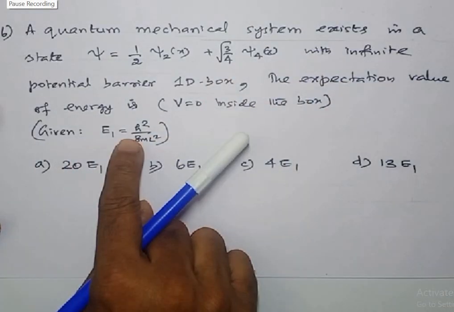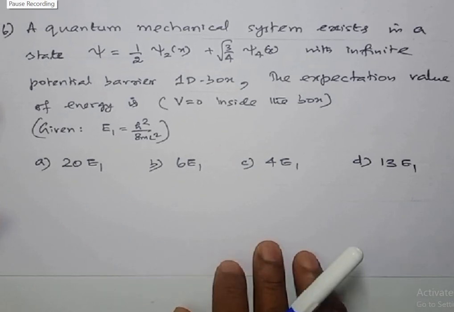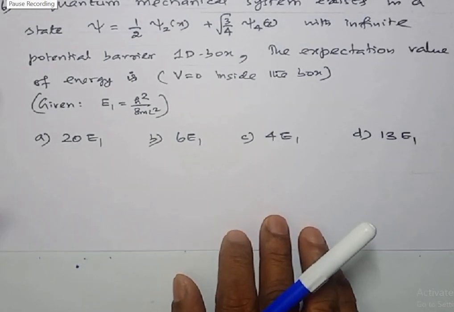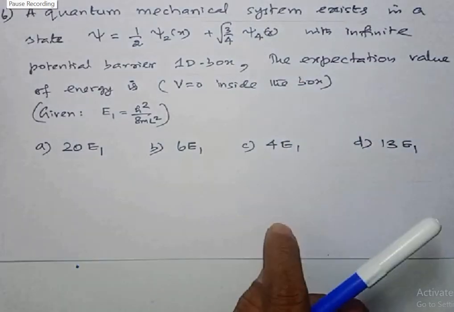And E1 is nothing but h square by 8 m l square. How to proceed with this problem? Listen. We need to find the expectation value of energy.